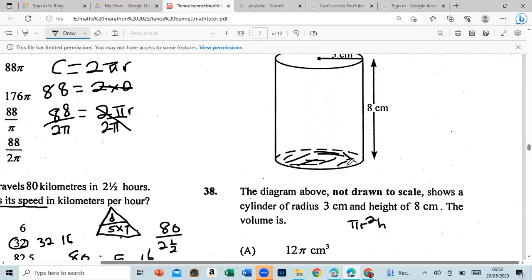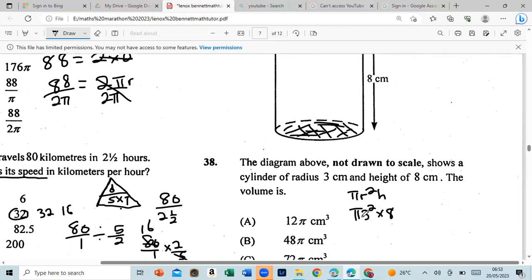Alright, good. So since we agree on that, let's put things in perspective. They didn't work out pi, so we're not gonna work out pi. So it's gonna be pi, the radius is 3 squared, and the height is 8. So put in what we know, and then we can simplify.